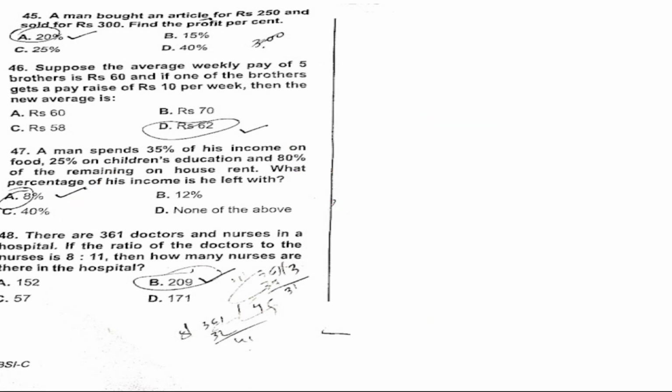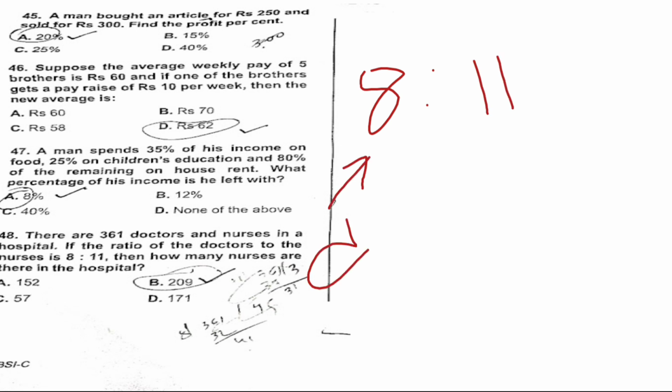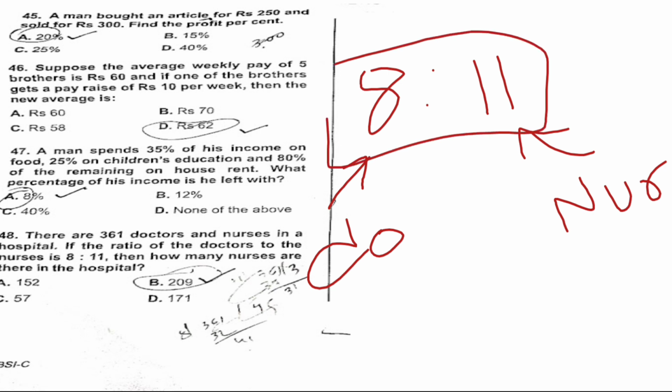Moving to the next question. The next question says there are 361 doctors and nurses in a hospital. If the ratio of doctors to nurses is 8:11, then how many nurses are there in the hospital? So the ratio given here is 8:11, where 8 represents doctors and 11 represents nurses. Now in the previous video I told you that if a ratio is given and a total value is given, in that case assume a common factor k in both.